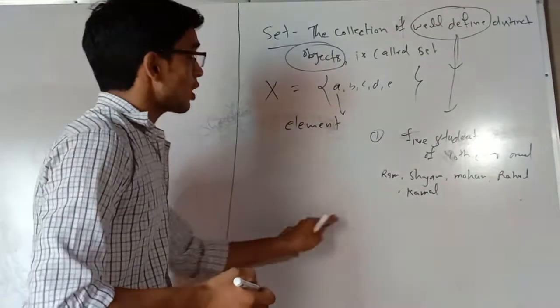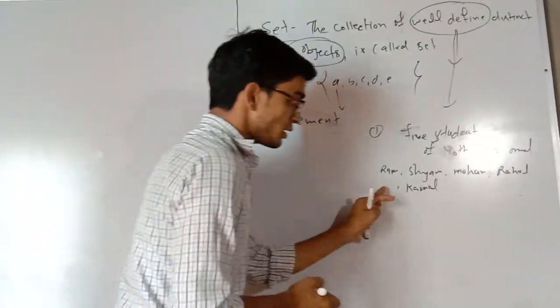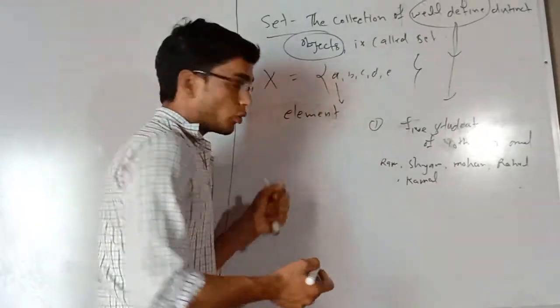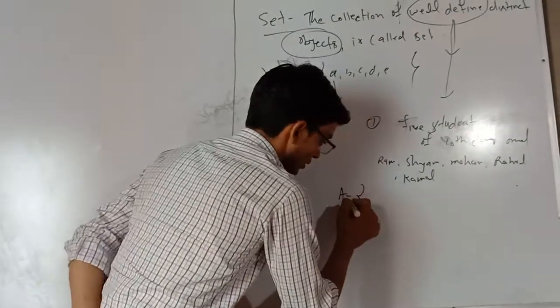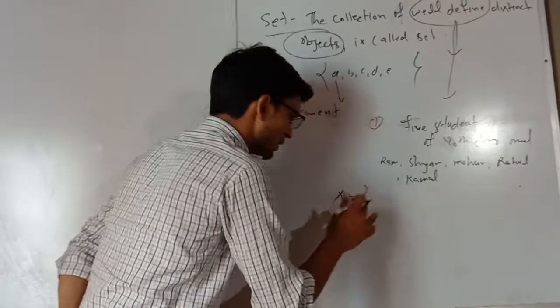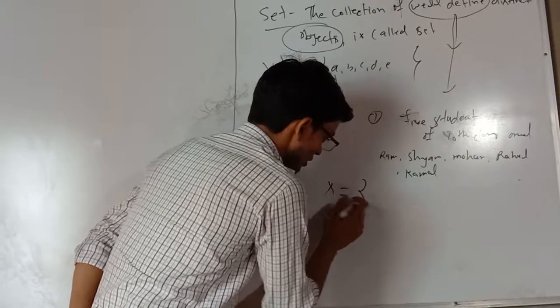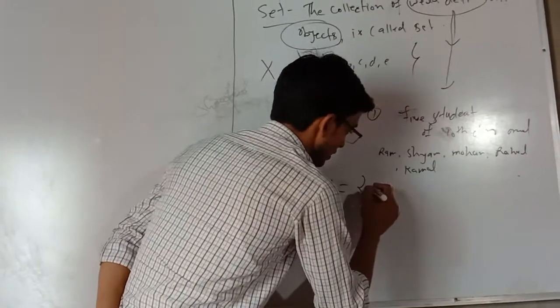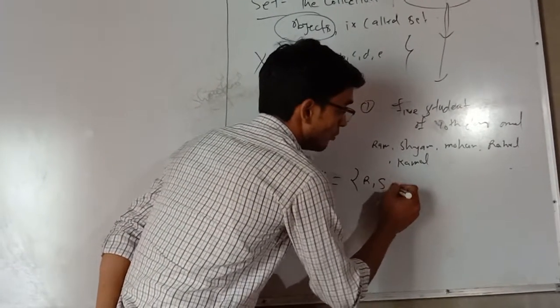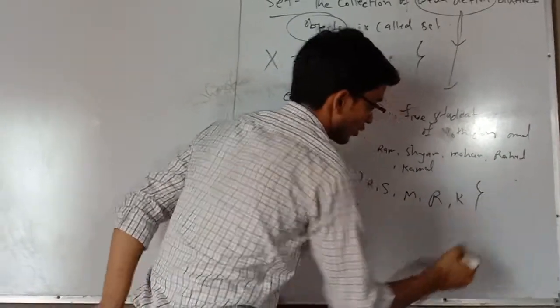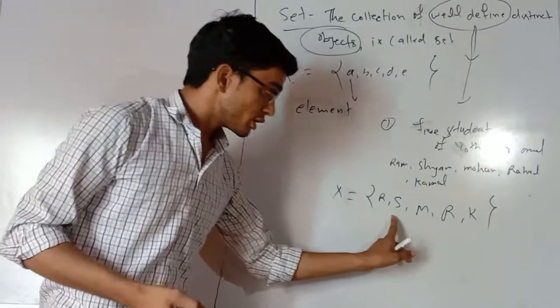Now we write the set by taking these objects, that is students. So we will take a set, that is x. We will take here any notation. Suppose this is x. So x represents Ram, Shyam, Mohan, Rahul, and Kamal. So this is the well-defined set.